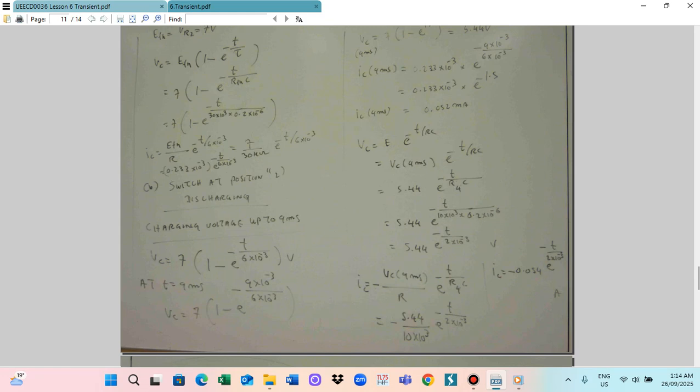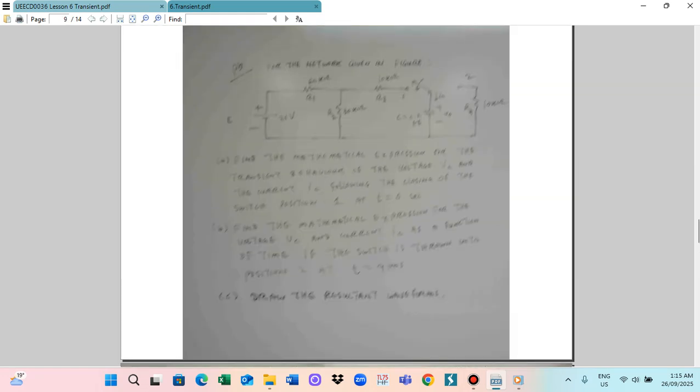So the voltage at 9 milliseconds is E, and you have to substitute it. In the new circuit, only the resistor R4 and the capacitor are present, so we calculate the discharge voltage.